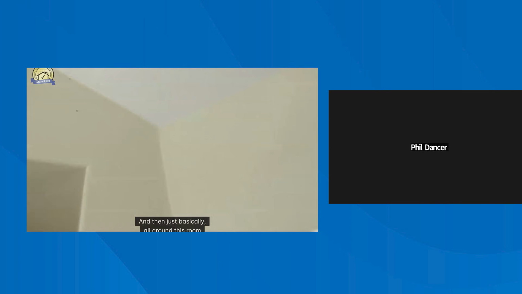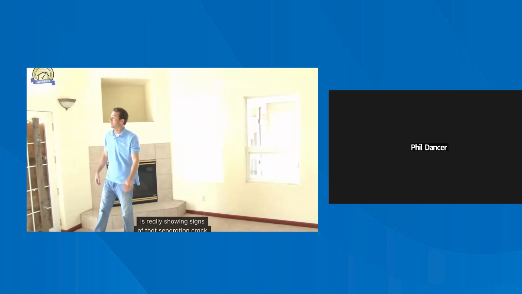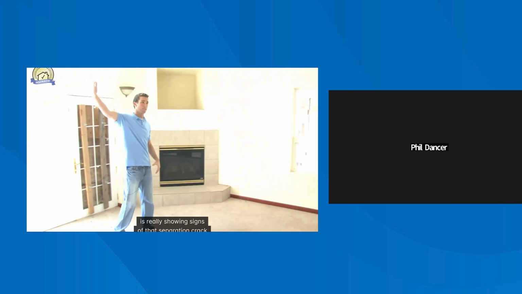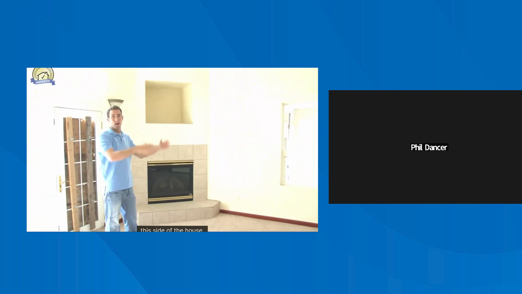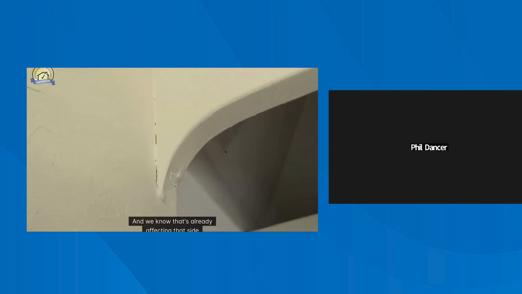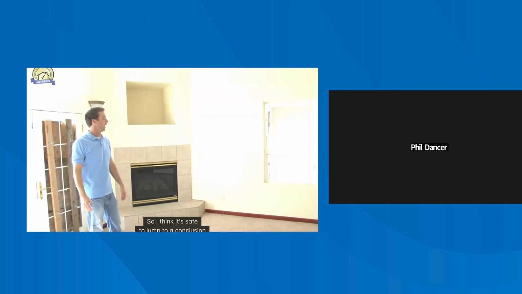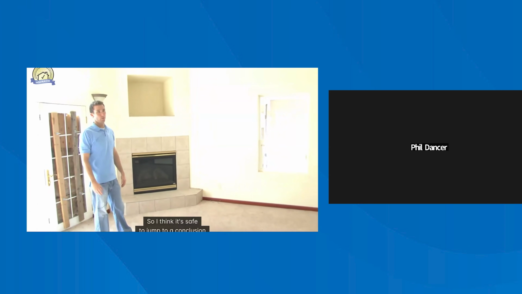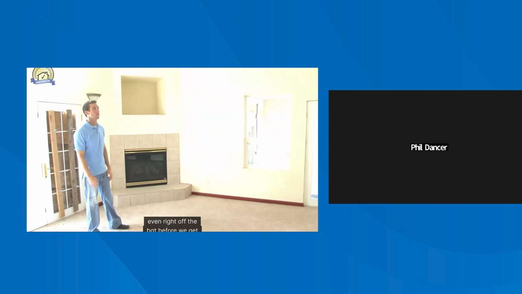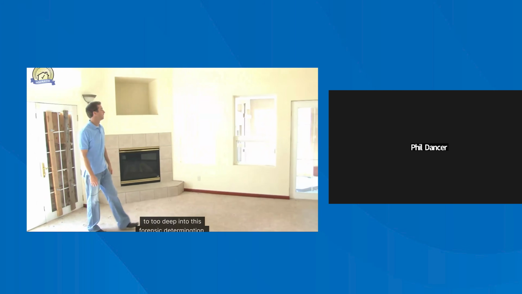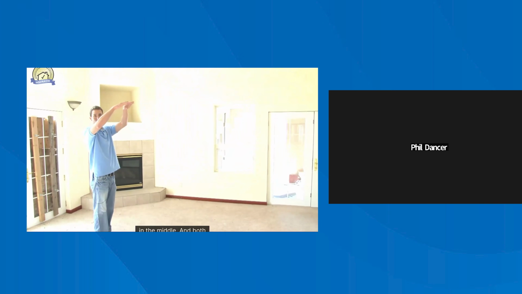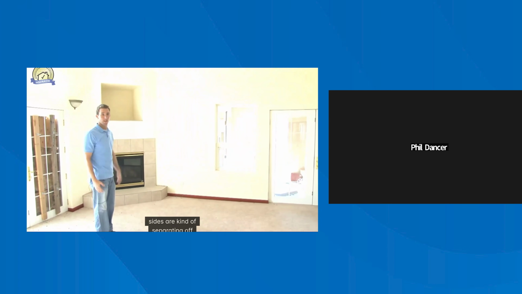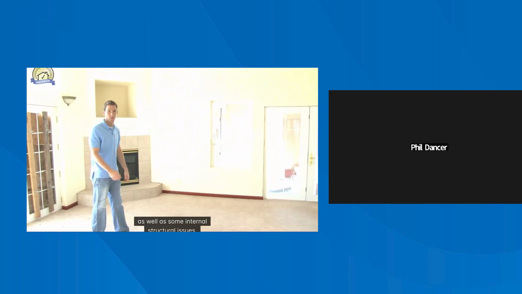All around this room is showing signs of that separation crack we saw in the middle affecting this side of the house, and we know it's already affecting that side with that archway. So I think it's safe to jump to a conclusion even before we get too deep into this forensic determination: we're getting a high point in the middle and both sides are separating off, as well as some internal structural issues.